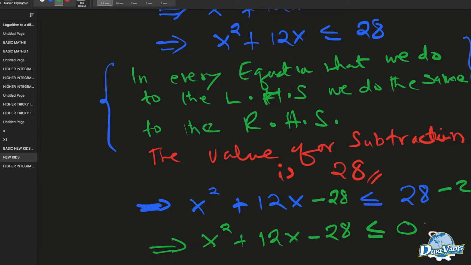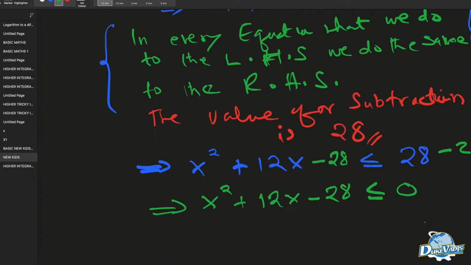Okay, now let's see something. Quadratic inequality. So what can we do? So we say it is quadratic in x.